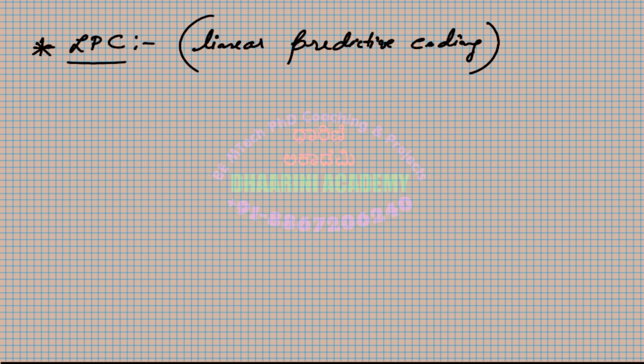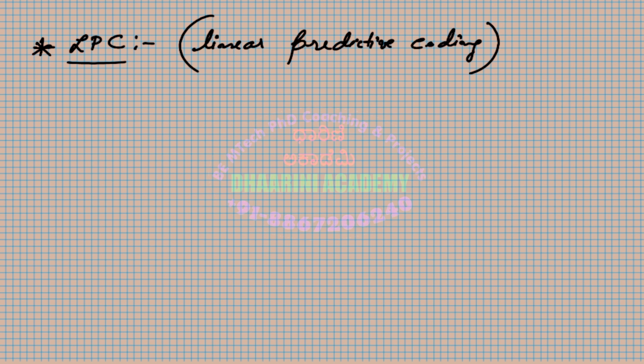It is called LPC. This is the easier technique, which is called linear, not adaptive, linear predictive coding. Again, this is widely applicable for speech. Now I'll try to write a fundamental concept here about linearity.